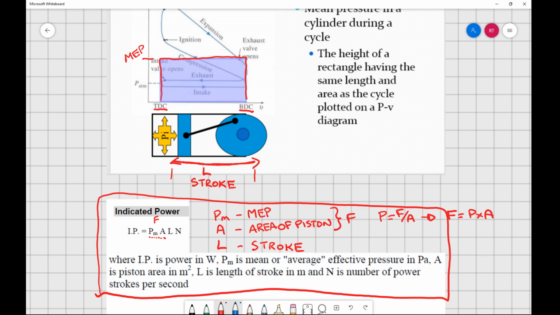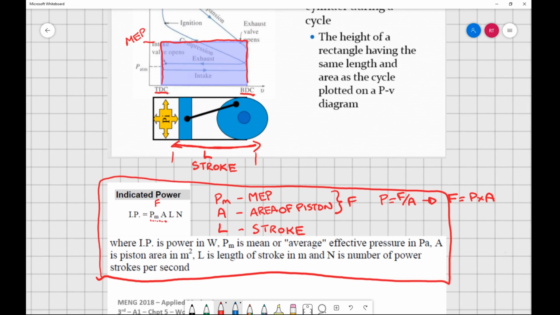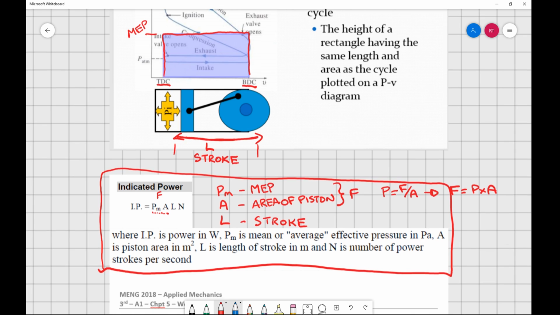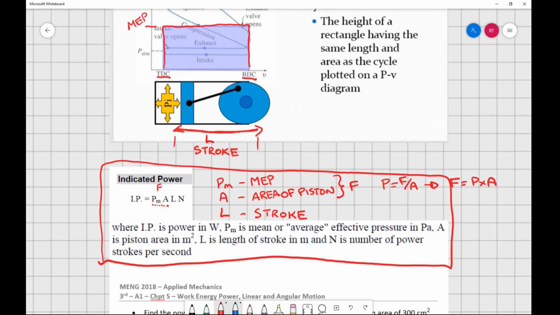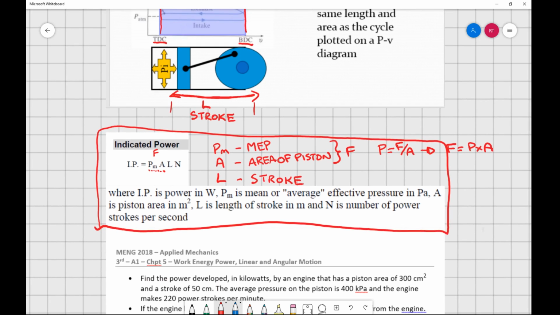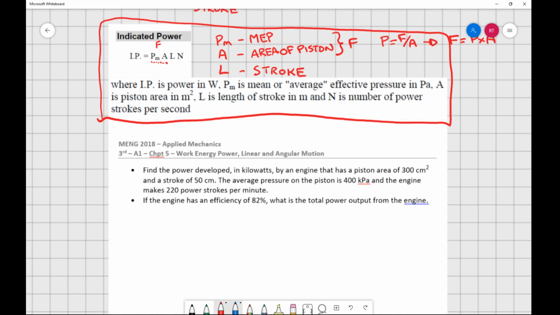And then the thing that turns it into power, because P times A, the force times the distance, is work, and then we have N, which is a measure of how fast is that engine working, or how many strokes is it going through per time, and that gives us power. Okay, and so N is listed as the number of power strokes per second. So you have to be careful if you're given RPMs or something like that.